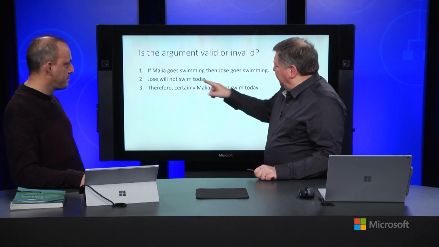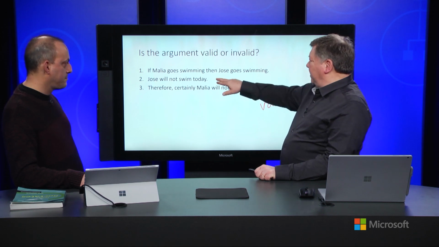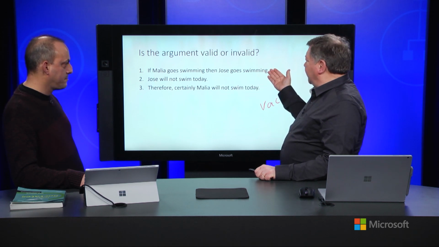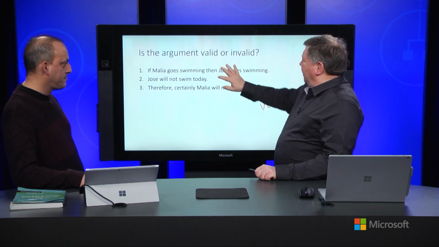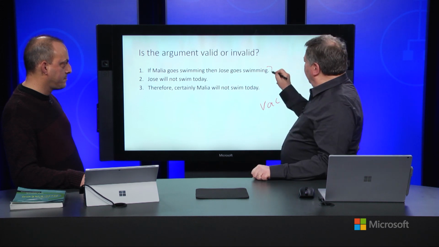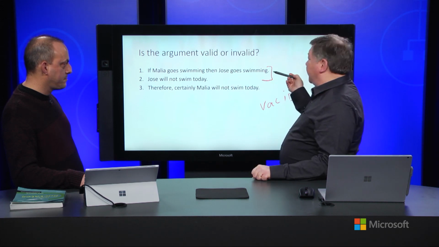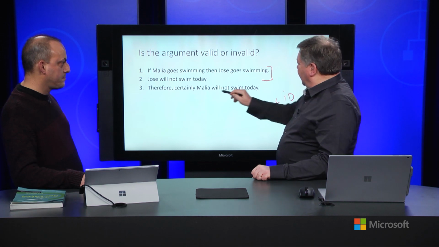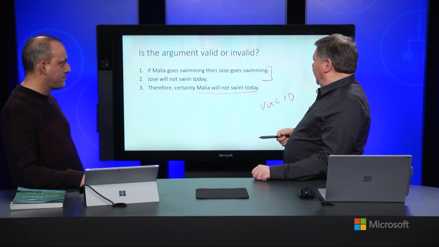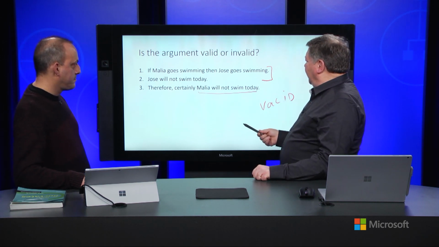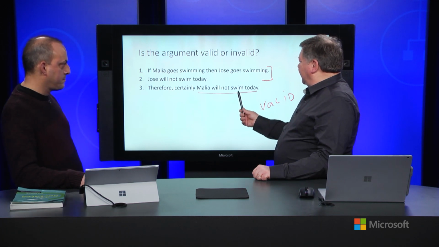The second premise adds, Jose's not going to swim today. Well then, if that's all the information we know, that's all we need to know that Malia will not swim today.